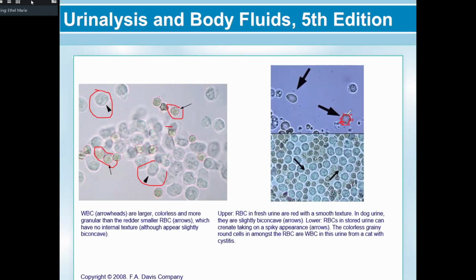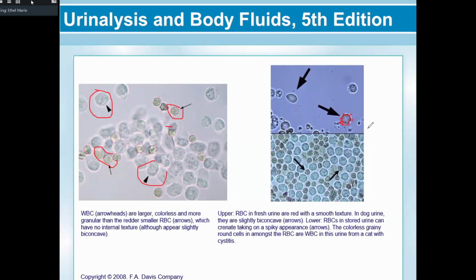Saan natin to madalas makita? Di ba, dun sa mga urine natin with high specific gravity, hypersthenuric urine. So we can see here yung mga crenated RBCs natin. Kung makikita nyo guys, parang glittery yung appearance nila. Kung makikita yung borders ng mga normal red blood cells dito, very definite yung border.